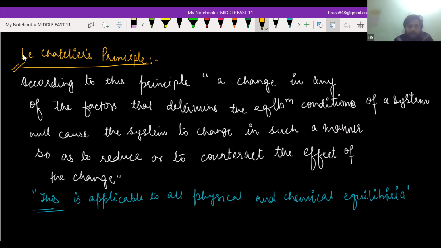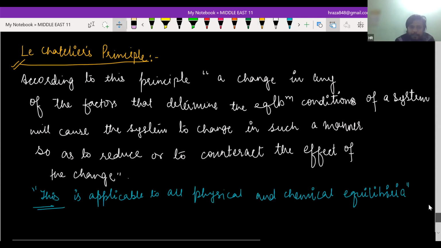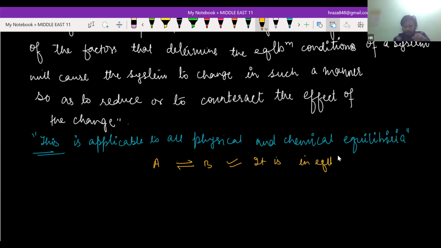Like, if a reaction A is converting into B and it is in equilibrium, and after it is maintained at equilibrium you increase the concentration of A, putting more of it on the reactant side, what will the system do?